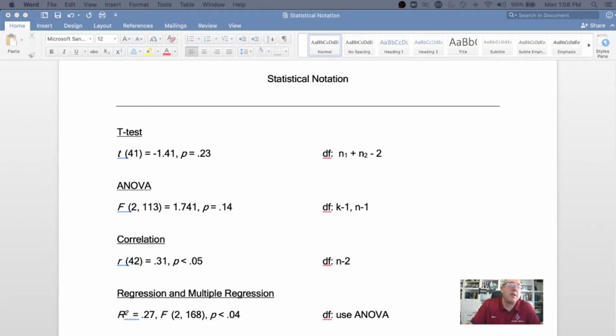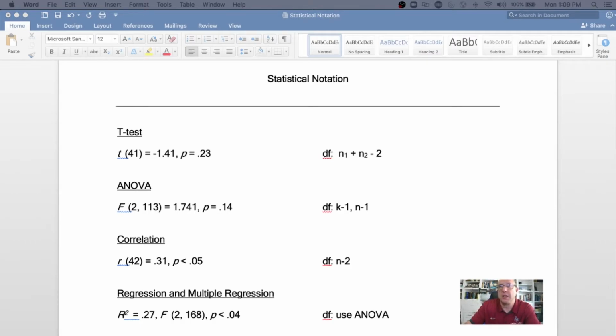Now, the t here, you'll see in parentheses, the parentheses is your degrees of freedom. Every stat has its own degrees of freedom formula. And if you recall from the ANOVA presentation, there are several different ones for parts of ANOVA.